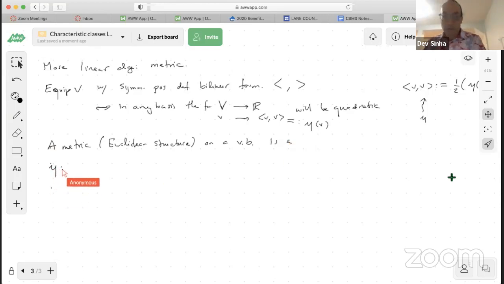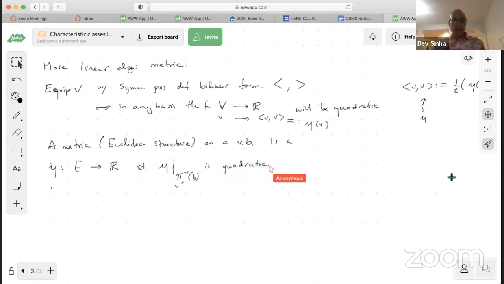It is a function, which we'll still just call mu, from the total space to R, so that each mu restricted to a fiber, which we're calling our V's, is one of these quadratic forms. And what we want is for the quadratic form to also be positive definite. I should say that.